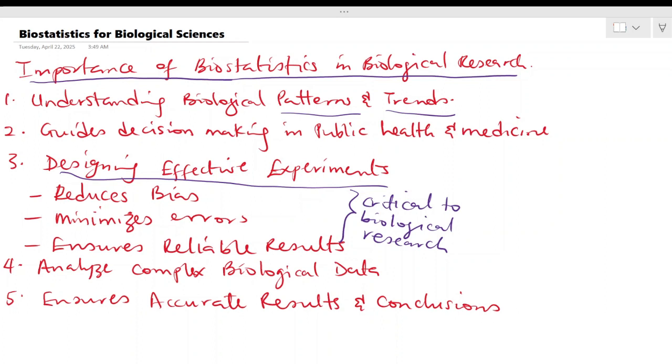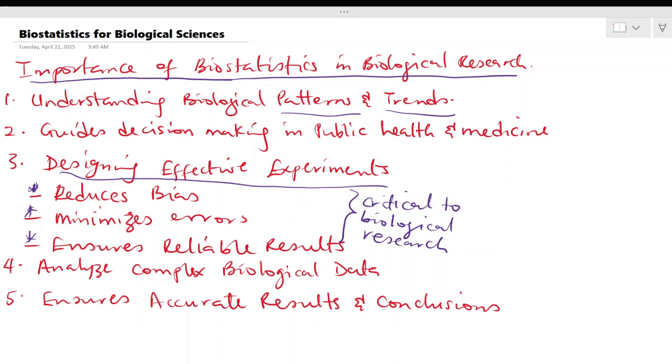A well designed experiment does three basic things: it reduces bias, as point number one here, and point number two is that it minimizes errors, and of course, it ensures reliable results.